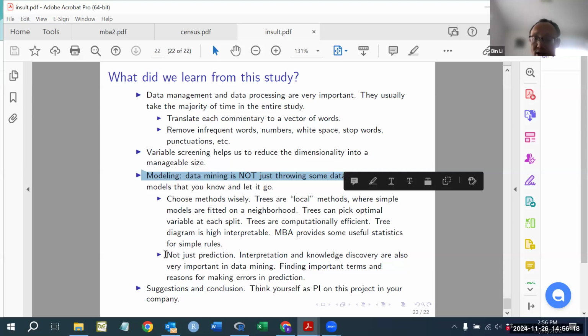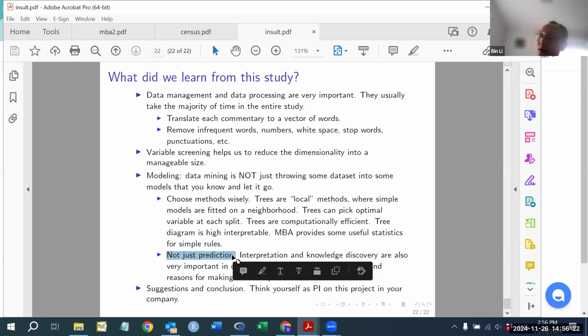And not just prediction, interpretation and knowledge discovery are also very important. Like here, we are not just showing the AUC scores. We are not just showing the misclassification rate. We can also show the bag of words that is closely related to the insulting and the neutral comments, right?